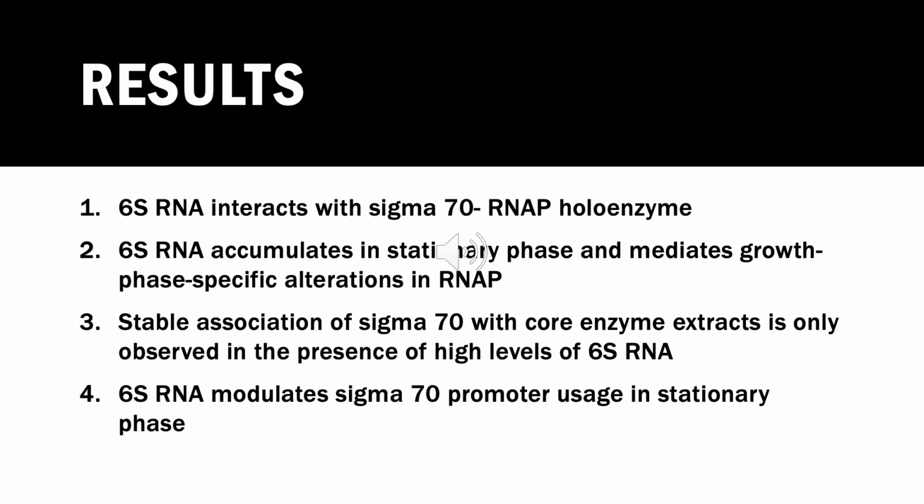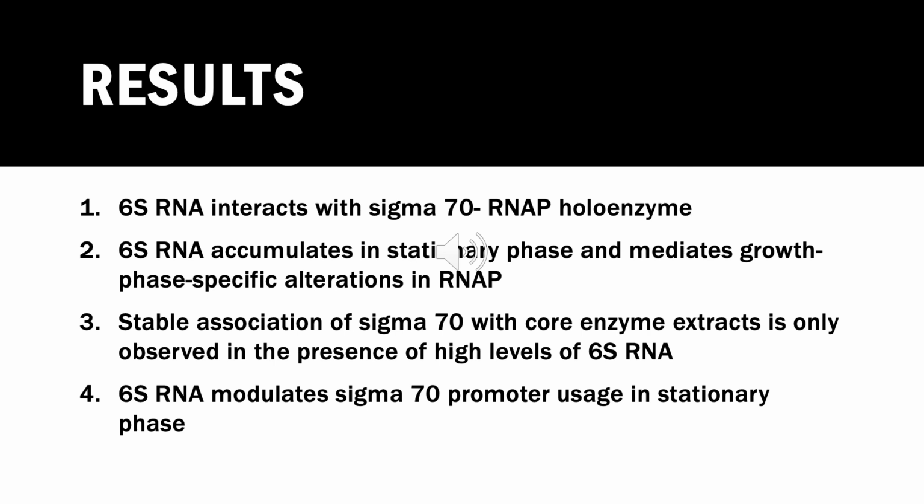Number 2, 6S RNA accumulates in stationary phase and mediates growth phase specific alterations in RNA polymerase. This is really important for cases of starvation in the cell. Anything that could possibly stall the cell dying, essentially, is going to be huge.